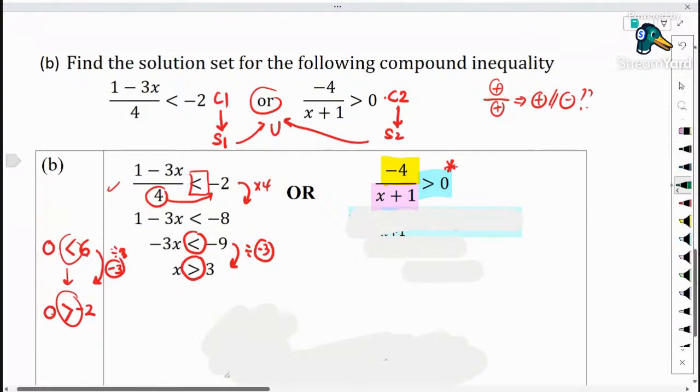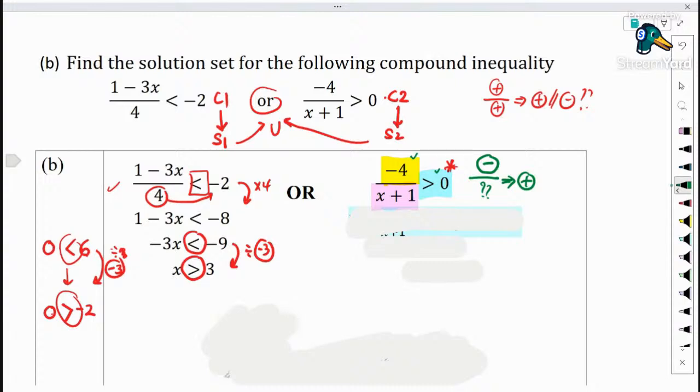If I summarize this situation, the part in yellow and the part in blue give me certainty about something: the part in yellow is always negative because negative 4 is negative, and greater than 0 is positive. When I have negative divided by something, the x plus 1, we don't know if it is plus or minus, so I put a question mark.